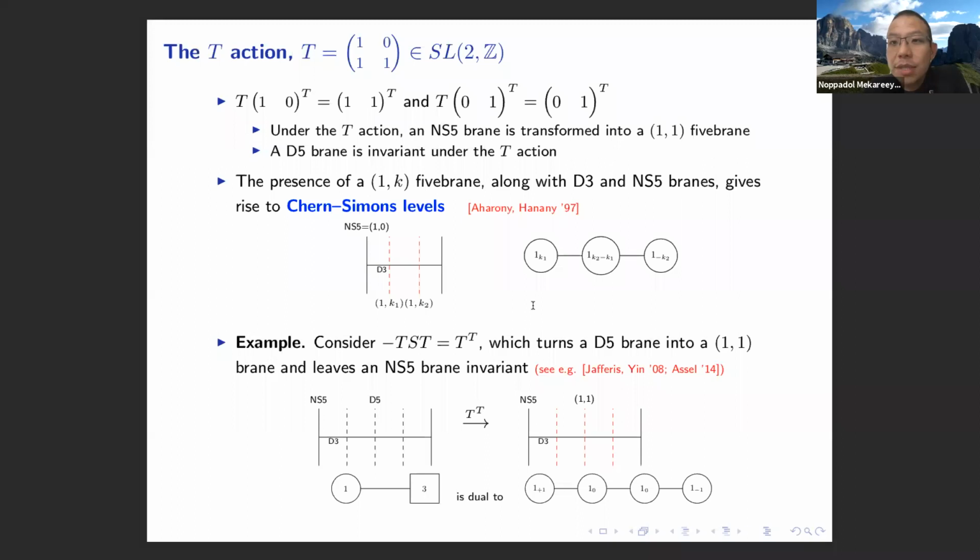So you can also generate some dualities. For example, you can consider T transpose, which is minus TST, which turns the D5 into a (1,1) 5-brane and leaves an NS5 invariant. So you have this description. You transform by T transpose, you change the D5 into a (1,1) 5-brane, and get this description, and you can read off that U(1) with 3 flavors becomes a Chern-Simons matter theory.